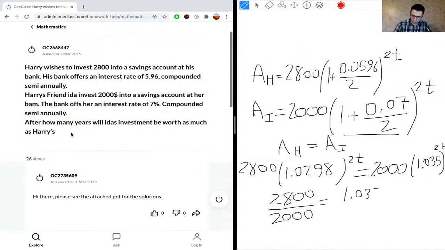So we'll have 1.035 to the power of 2t divided by 1.0298 to the power of 2t. Because there's 2t on the bottom and the top, we can write all of it to the power of 2t.